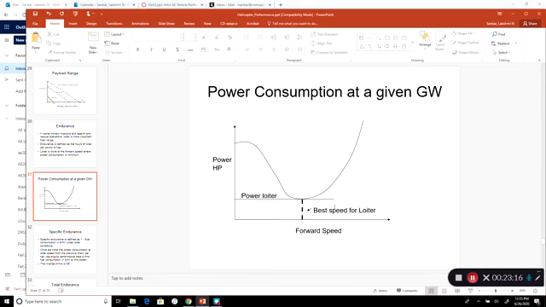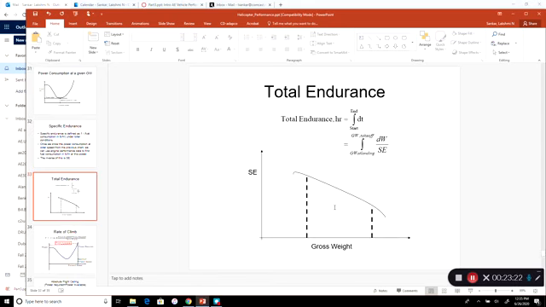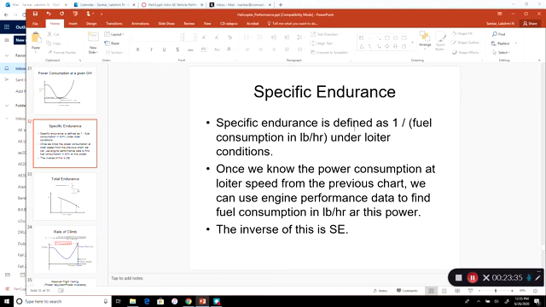That power times specific fuel consumption is the fuel burn rate. So take the time equal to change in the weight, which is power times specific fuel consumption. So you could inversely write it as specific fuel consumption per power. So per unit power.